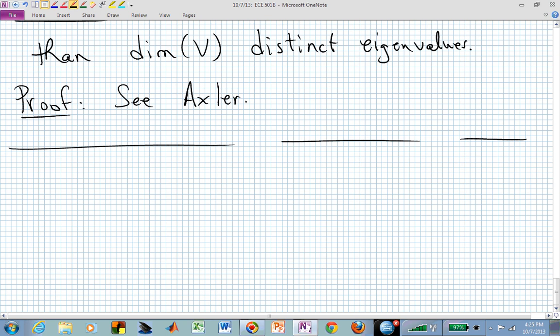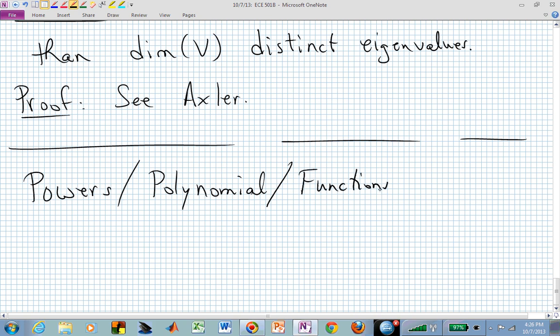Now, that gives us a lot of power, or a little bit more interesting relationships, which allow us to deal with polynomials and then look at powers and polynomials or functions on these operators.